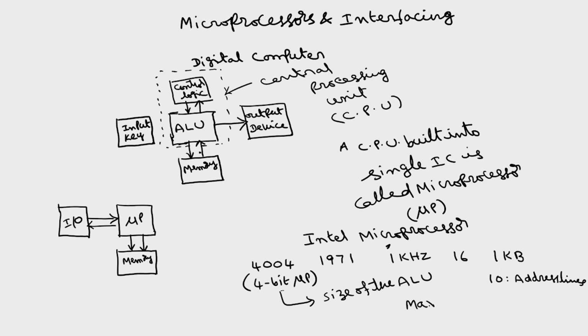The maximum memory capacity is given by 2 raised to the power of n, where n is the number of address lines. And the number of data lines will be decided by this 4-bit microprocessor, which means the number of data lines will be 4. So this Intel 4004 was the first Intel microprocessor, fabricated in 1971.